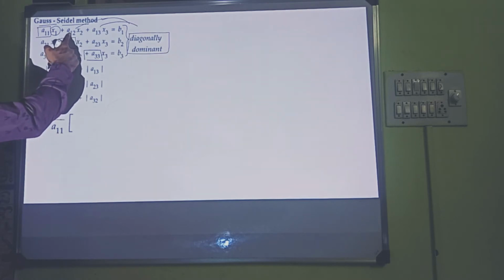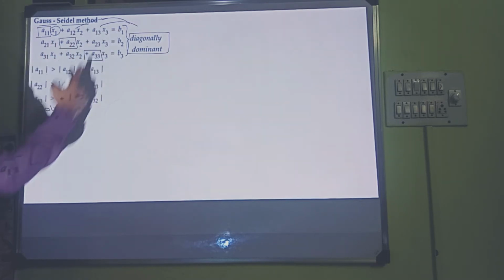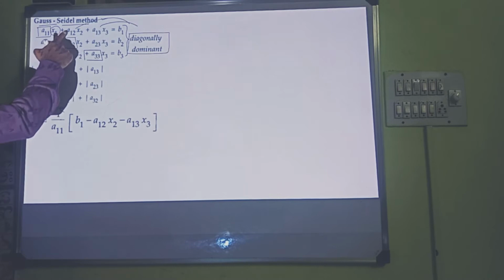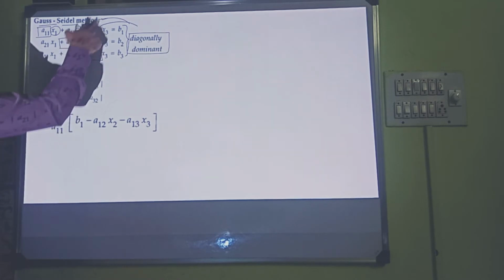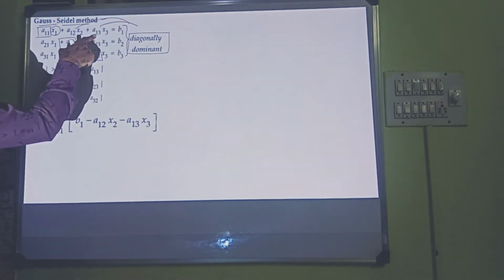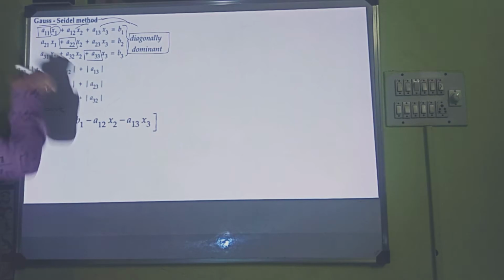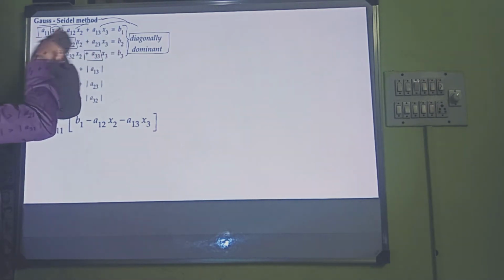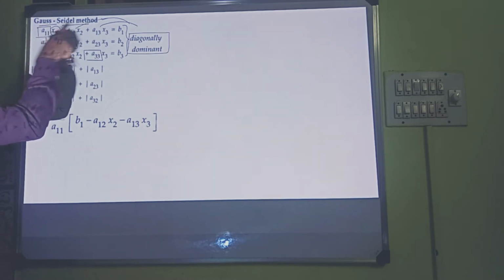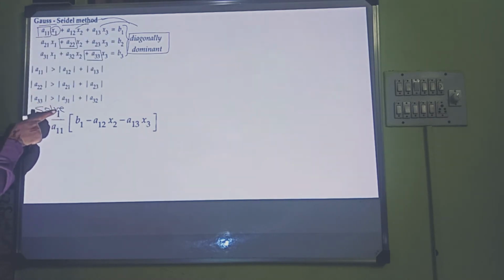That is, it becomes b1 minus a12 into x2, minus a13 x3. Then we divide both sides by a11, so you get 1 divided by a11.